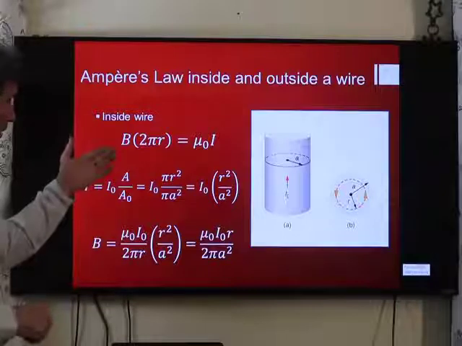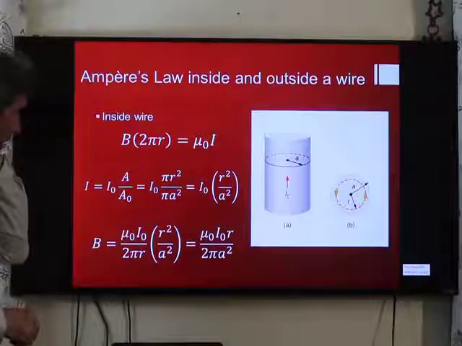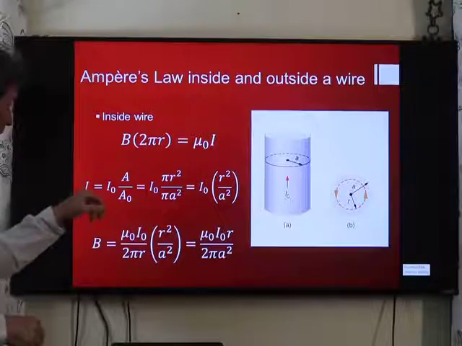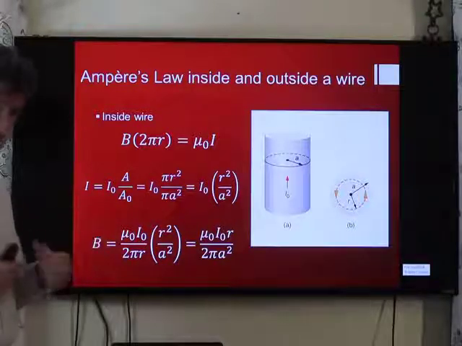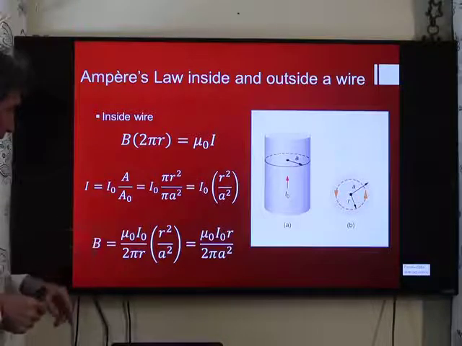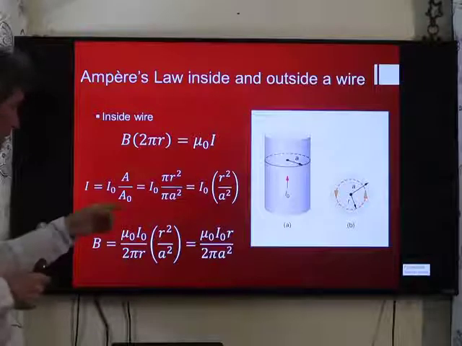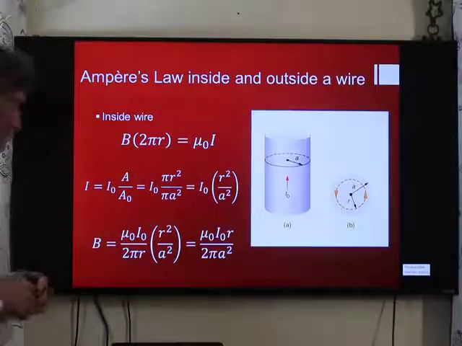So now, again, here's Ampere's law, except I is going to depend on how close to the center we are. I is equal to the total current, I0, times A, the fractional area that we've enclosed, divided by the total area, A0.